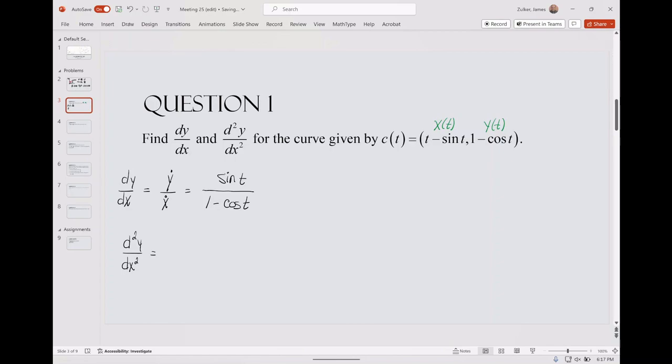Second derivative. So we know x dot. Now, what is the second derivative of y?